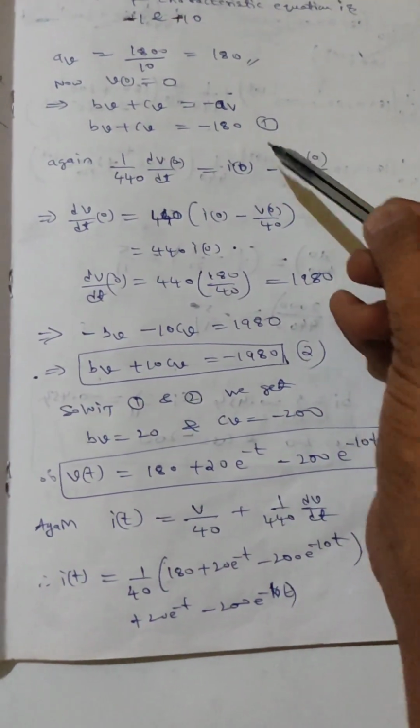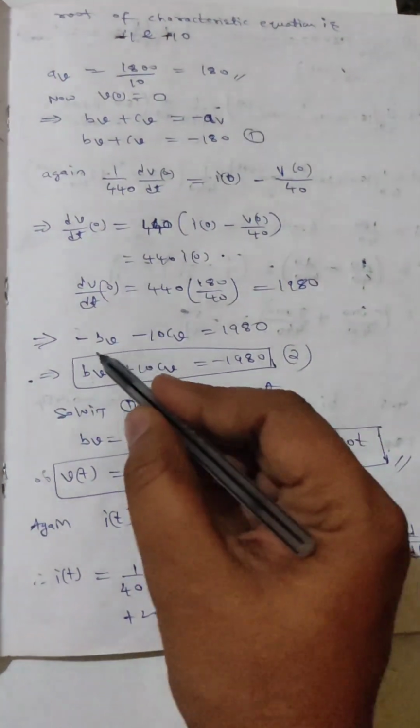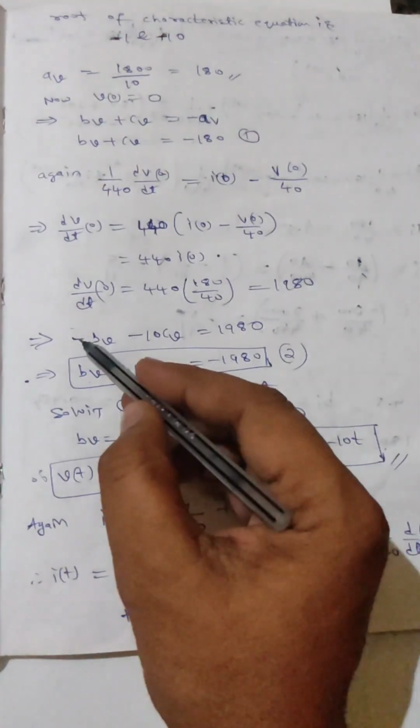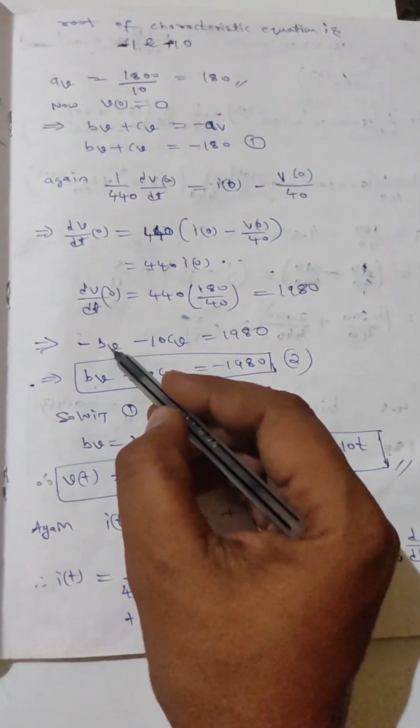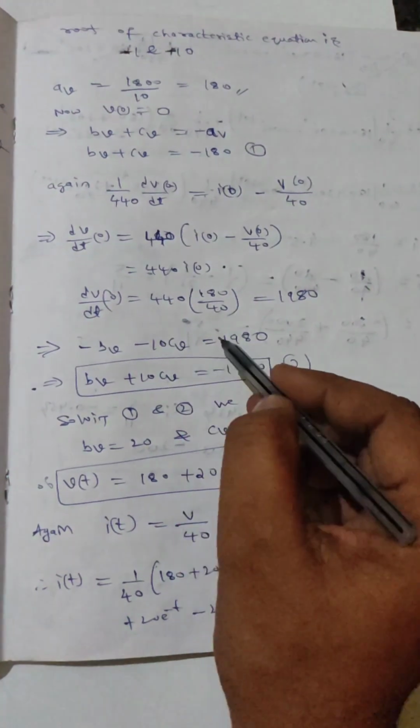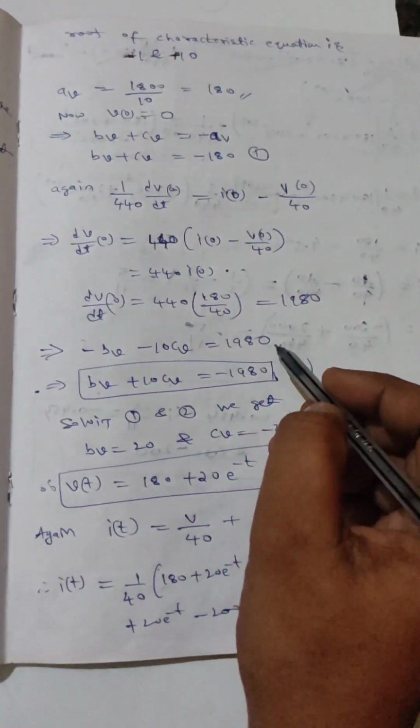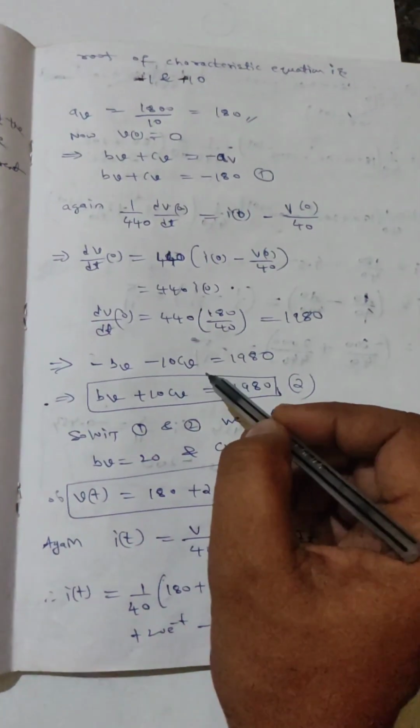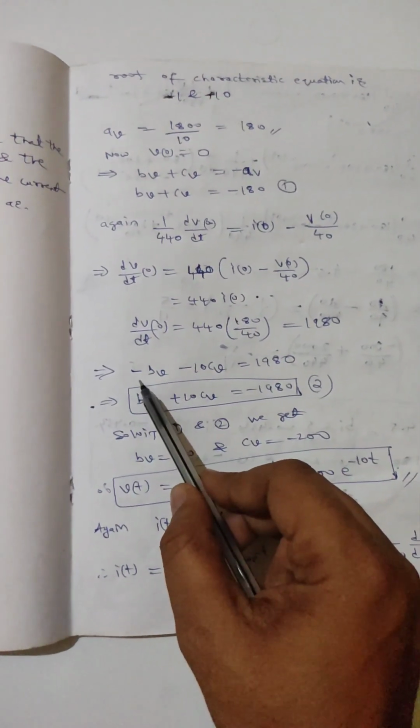Now solve equations 1 and 2. You should analyze how I wrote this: minus BV minus 10 CV is equal to 1980. See how we got this equation.